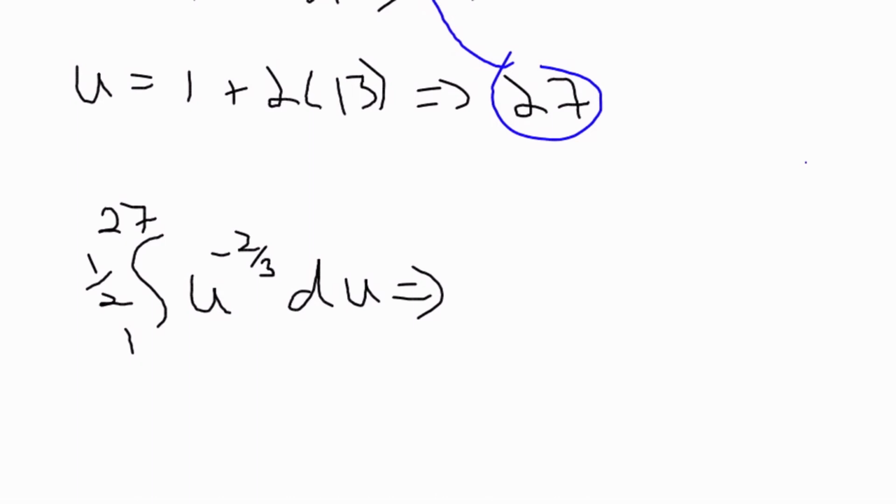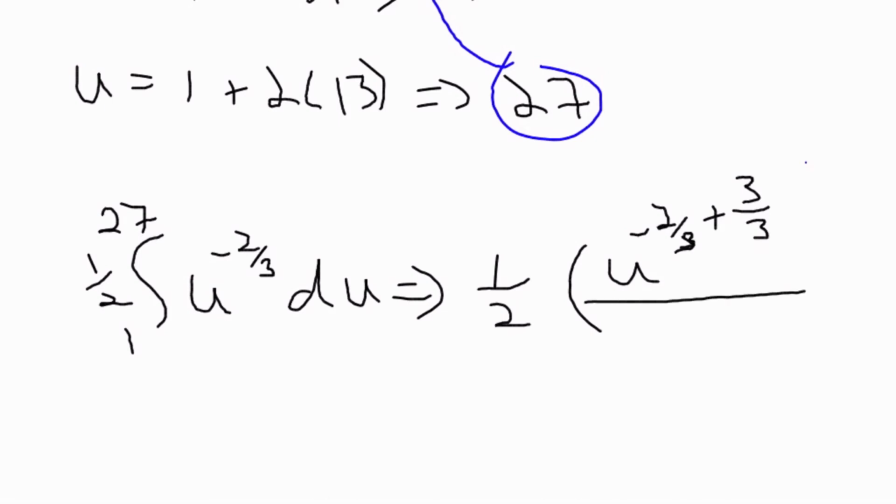And by using the power rule, we get u to the negative 2/3 plus 1, which I'm representing as 3 over 3, over negative 2/3 plus 1, from 1 to 27.